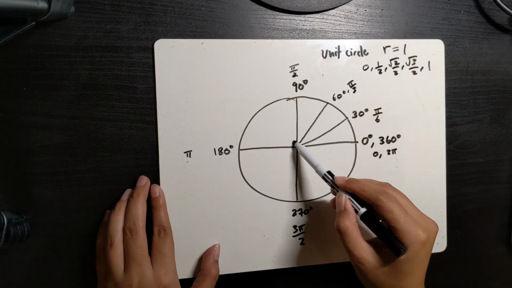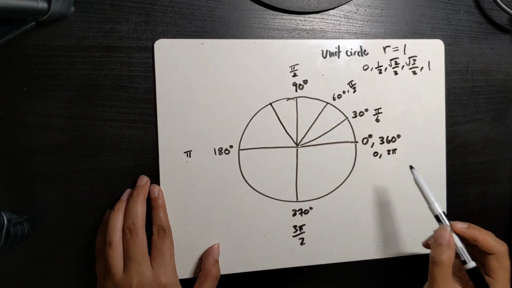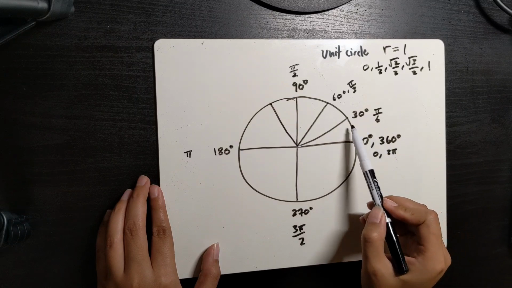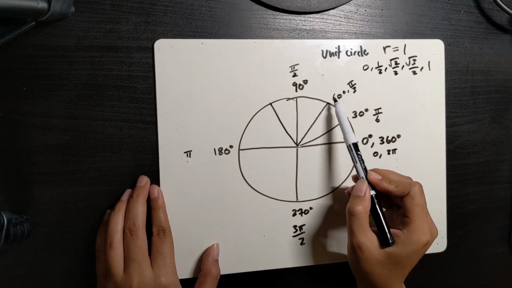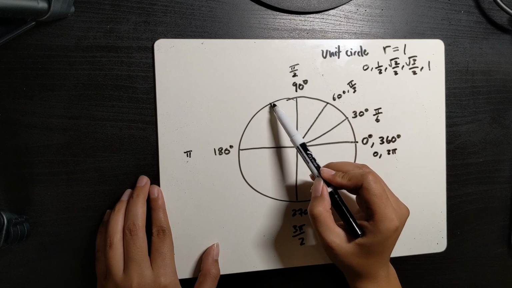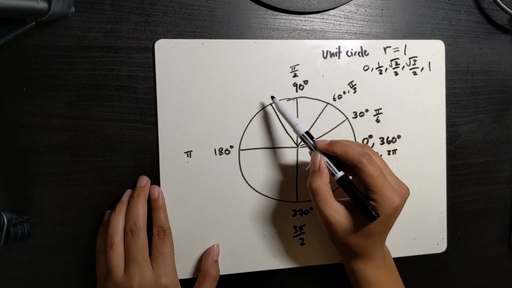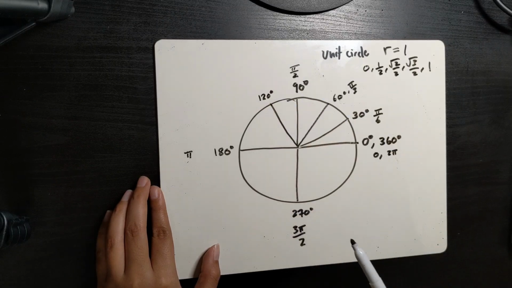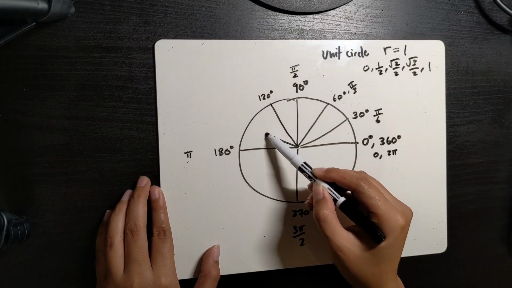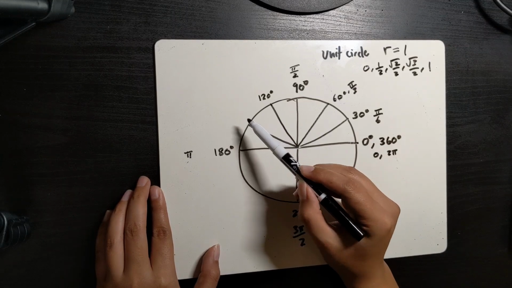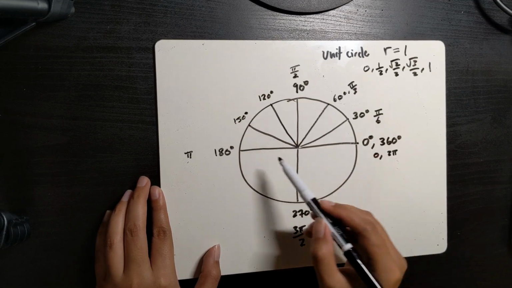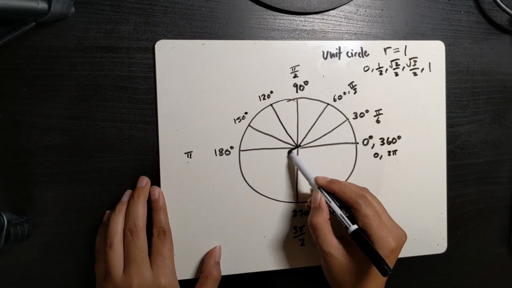Now, we want to know what this is. We just add another 30. So 30 plus 30 gives us 60, plus another 30 gives us 90, plus another 30 gives us 120. Plus another 30 gives us 150 degrees. Plus another 30 comes 180.